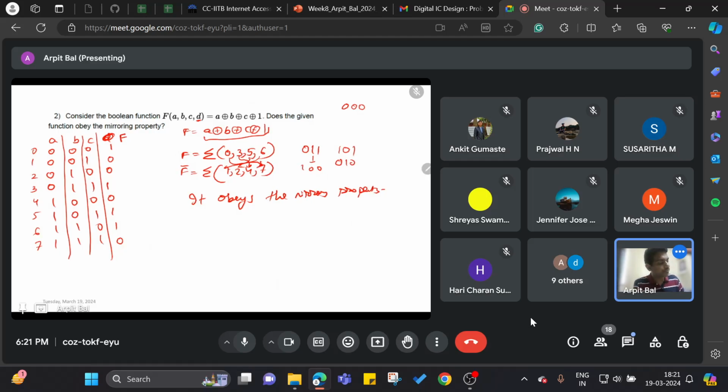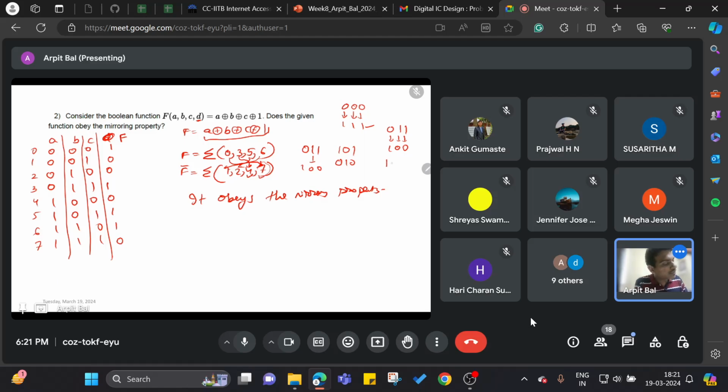If I take the complement of 0, it becomes 1, 1, 1. That translates to 7, and 7 is present in f bar's equation. Similarly, you take 3 in f's equation, so 3 is 0, 1, 1, that translates to 1, 0, 0. 4 is present in f bar's equation.